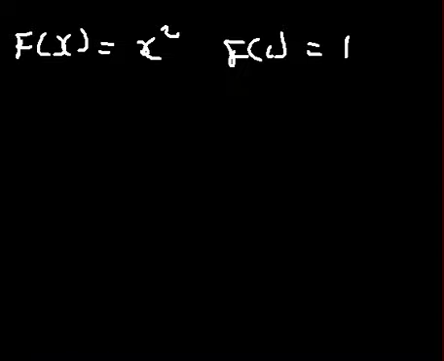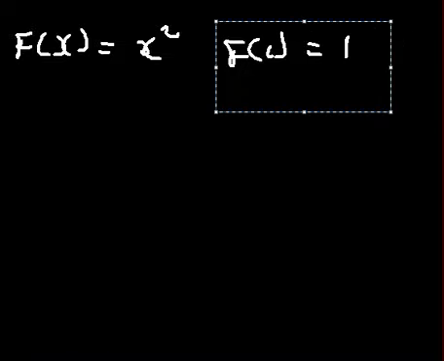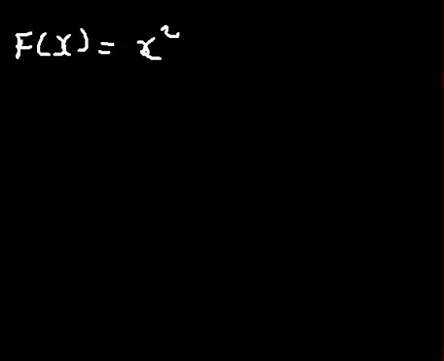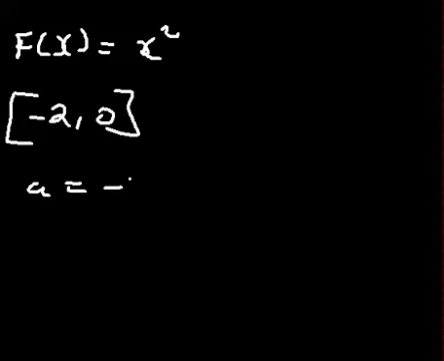Now what if we have this case? Let's say we have the interval -2, 0. We should find the average rate of change of the function within this interval. So we have a being given as -2, and b is given as 0.